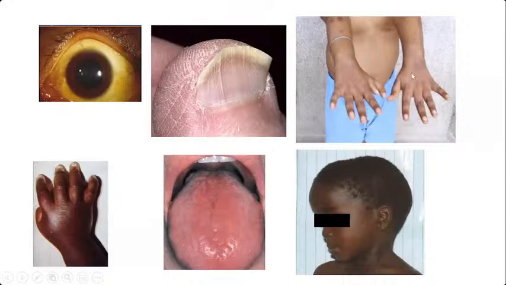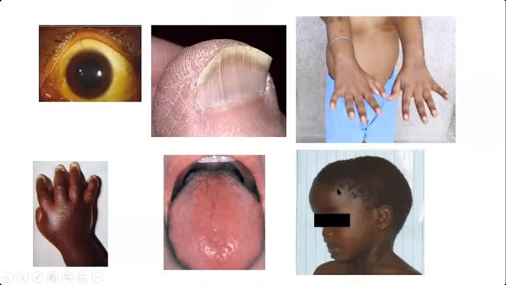Then this is a patient with Fanconi anemia. If you look at the right thumb, this is what we call syndactyly. That means that it looks like there are two abnormal thumbs that are joined together. So that's one of the skeletal abnormalities we see.